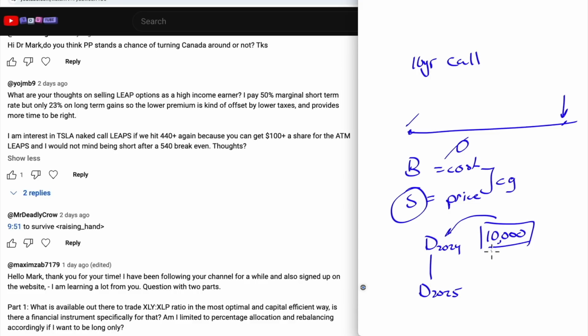Which means that you have to close this out by buying. Let's say you bought it back for $9,800. Now your gain is only $200. So no, it doesn't work that way. And because it's a capital gain the moment you sell it, there is no distinction on options between short-term and long-term capital gains. They are all just capital gains. So it really doesn't matter.